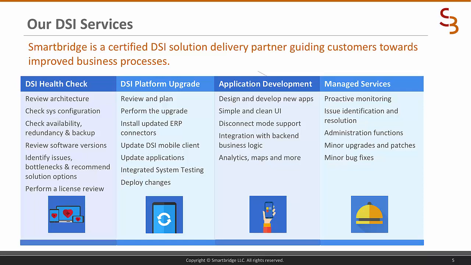We offer platform upgrade services where we plan and perform upgrades. It includes upgrading the server, installing the right ERP connectors, updating the devices with the current version of the DSI mobile client, and also updating the applications. Of course, all of this is going to be followed by testing and then deployment of the upgraded applications.